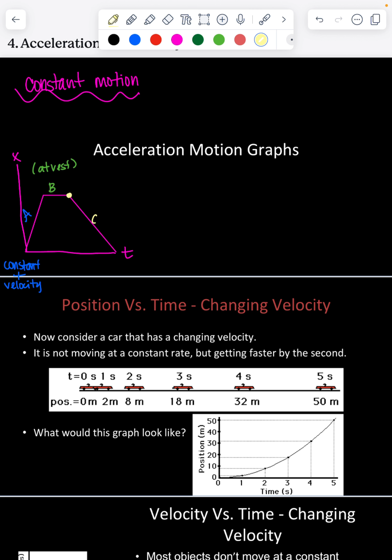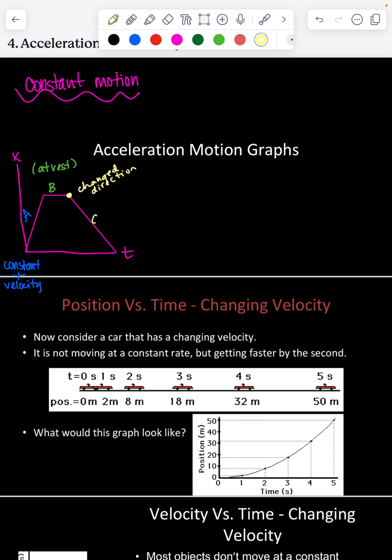So what we have done is we have gone from a positive direction. Now we are going into a negative slope. So at this point right here, we have changed our direction. So now, C, we have a negative slope. So that means we're going in the negative direction.